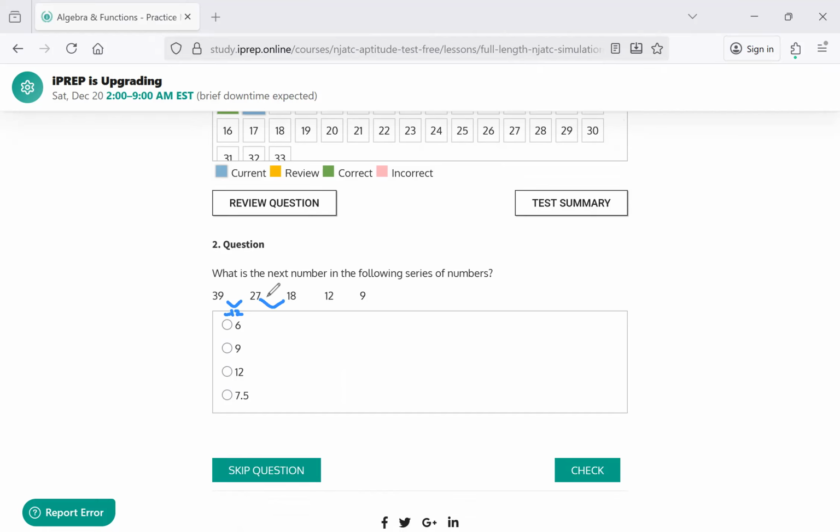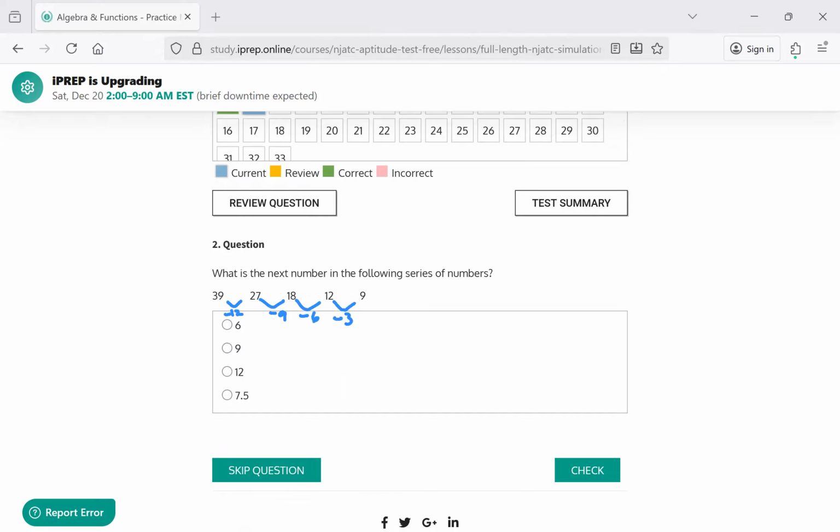From 27 to 18, you subtract 9. From 18 to 12, you subtract 6. And from 12 to 9, you subtract 3.